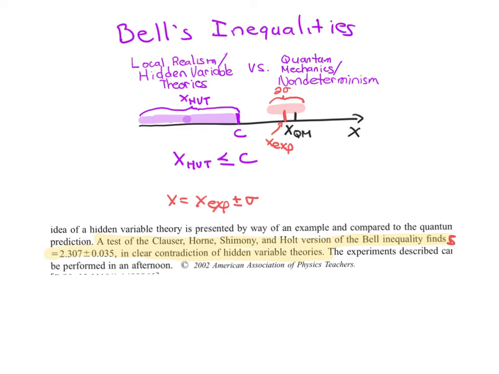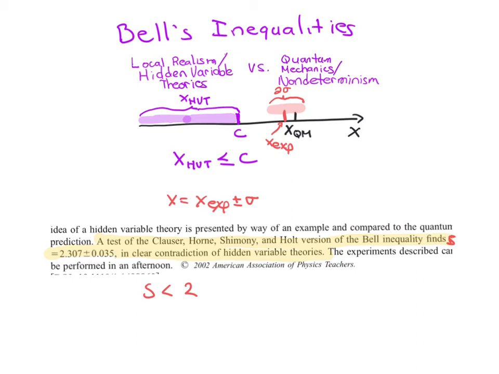So Abner says S is less than 2, and Dellinger and Mitchell go and do these experiments and measure S experimentally, and they find a value of S equal to 2.3 with an uncertainty of 0.35.